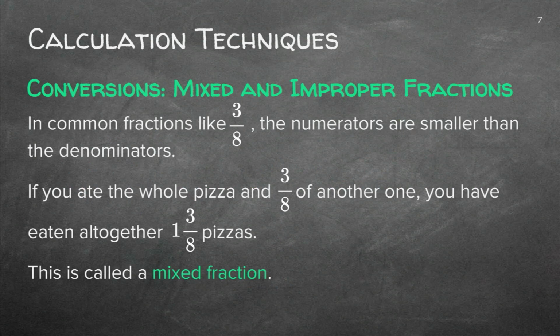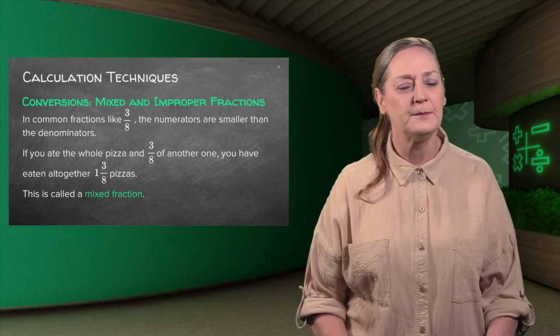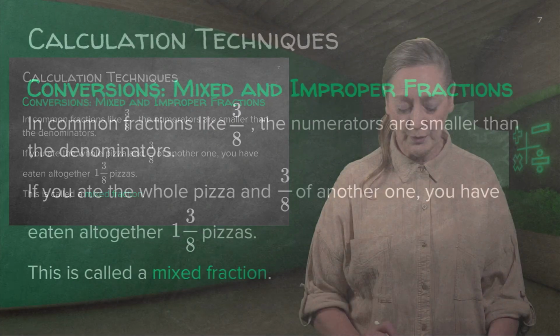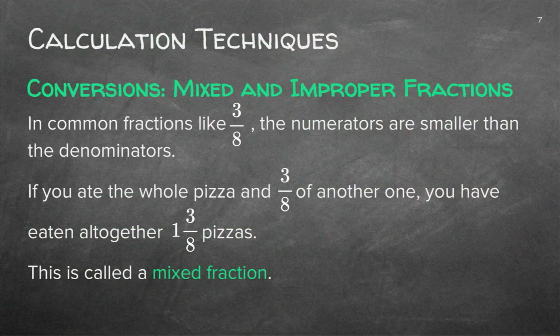Now the conversions. You've been working with it for a long time, but it is still important in high school and in grade 9 to do your conversions, mixed and improper fractions. In common fractions like 3/8, the numerators are smaller than the denominators. If you've eaten the whole pizza plus another 3/8 of another pizza, you have eaten altogether 1 3/8 pizza.